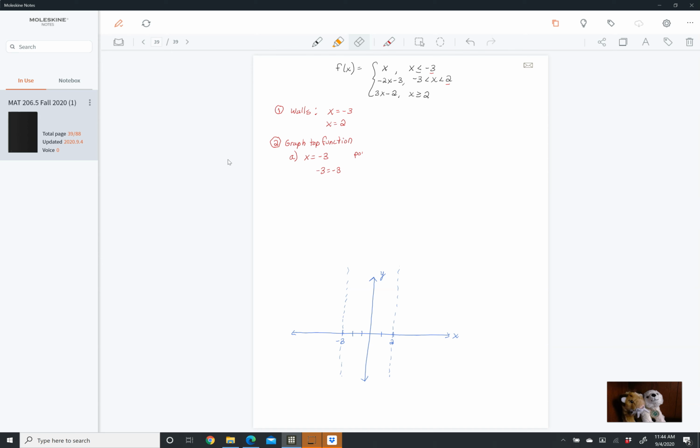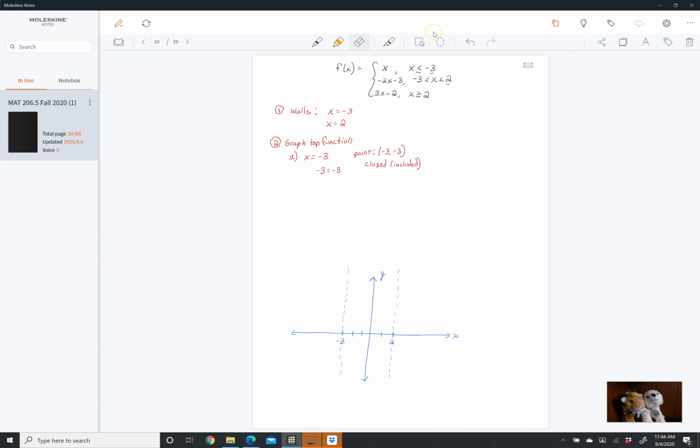So our point is -3, -3. And because it's a wall, we have to figure out, is it open or closed? So at -3, it's closed because there's an equal sign. It's included. You will only have to do this on walls.